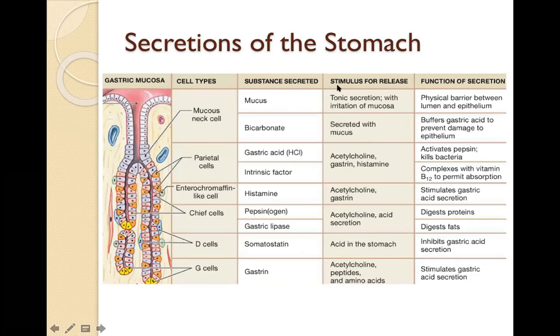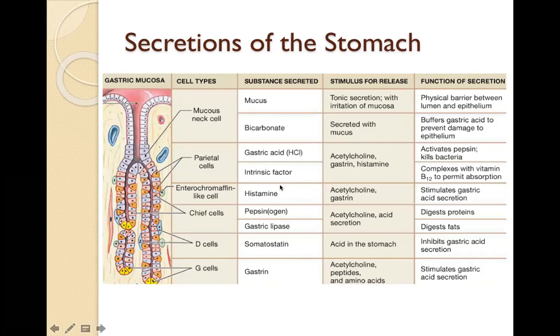The stimulus for secretion or for release, I'll tell you what it is. I'll go through that with you in a little bit more detail in the last section of the GI unit. And I want you to know the function of all of these things as well. It seems like a lot, but it's not. They're very well connected to each other.